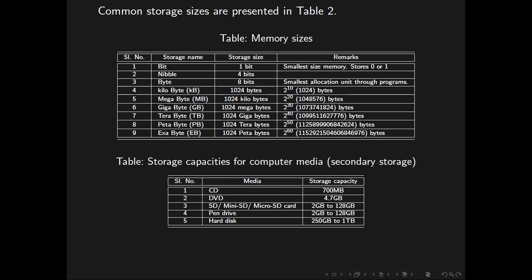Computer storage is measured in terms of bytes, whereas a bit is one piece of information, which can be either 0 or 1 in a computer. The full form of bit is binary digit.